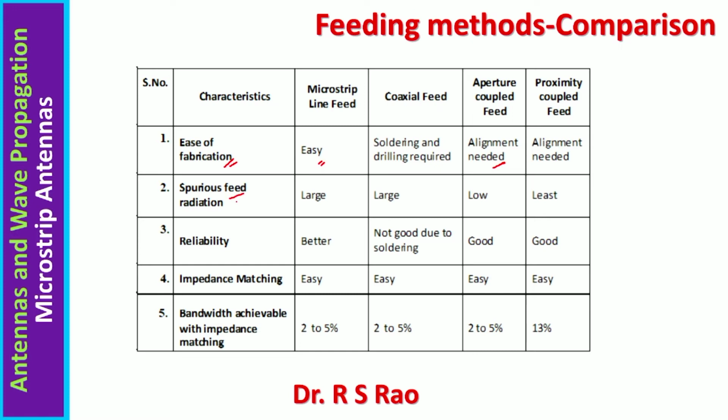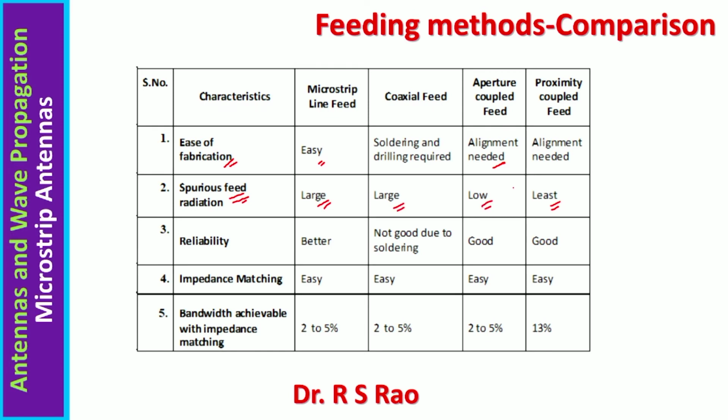In case of spurious feed radiation, in this aspect, microstrip line feed performs poorly. Spurious radiation is large in this feed. It is least in proximity coupled feed. In coaxial feed also it is large. In aperture coupled feed it is low.